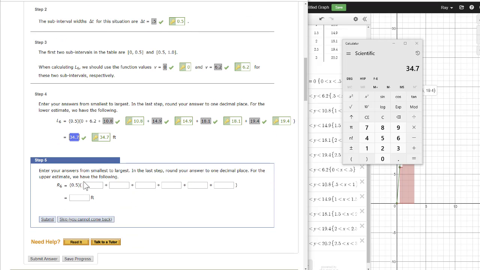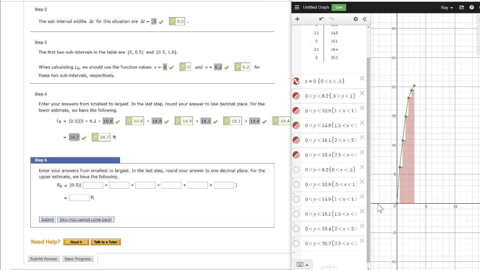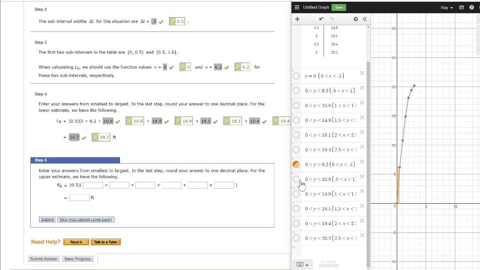And so now they want us to find the upper bound. So for the upper bound, let's turn that one on, turn everything else off. The upper bound will be these rectangles all the way to the end, and the last rectangle is going to have a height of 20.2.